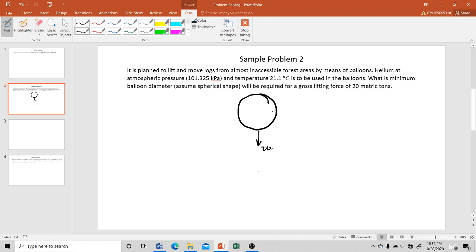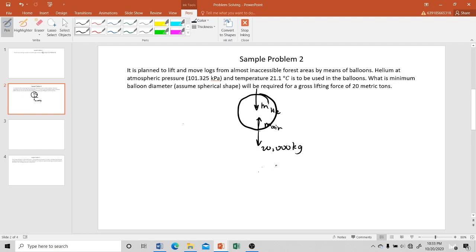We have 20,000 kilograms, and then we have the mass of the helium inside the balloon and the mass of the air, which helps to lift up the balloon.